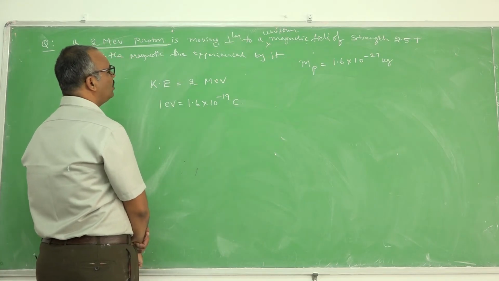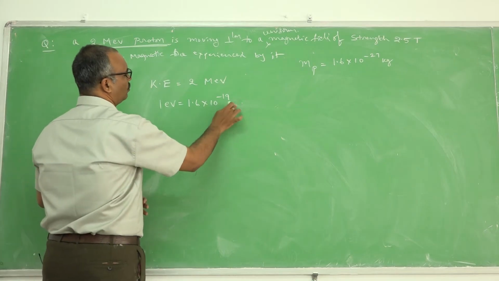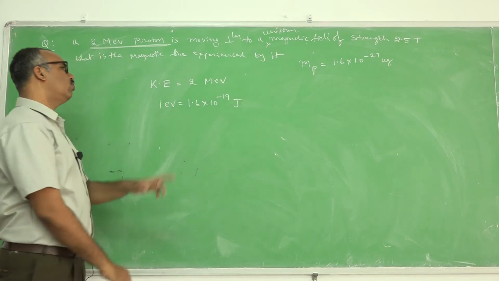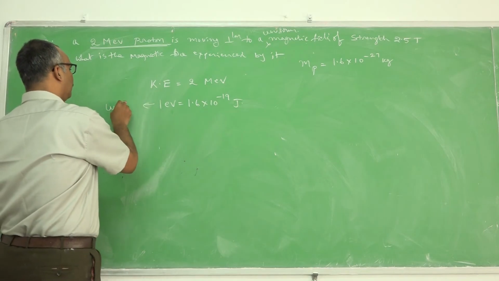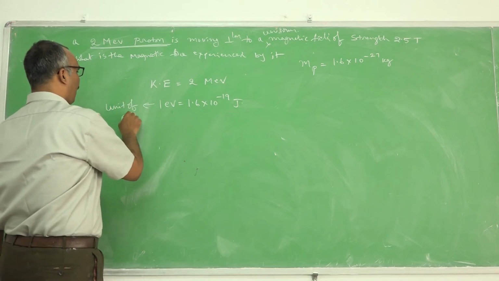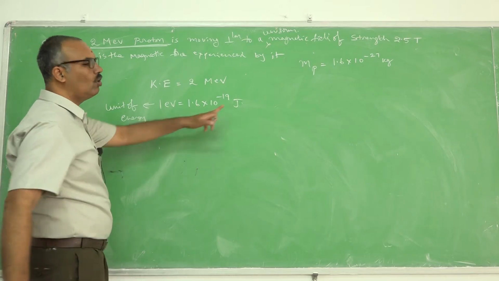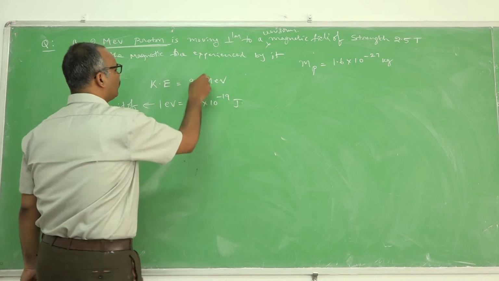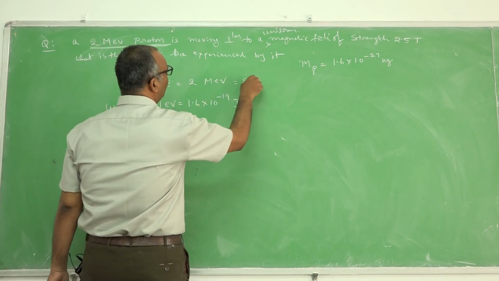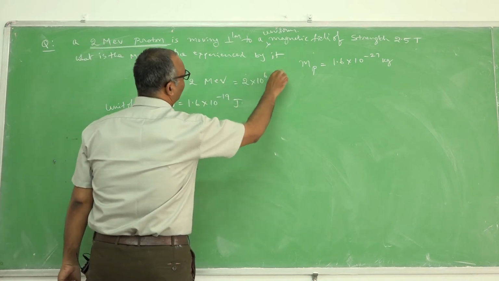Electron volt is a unit of energy. Energy is measured in joules, so they are related like this. M stands for mega, that is 2 into 10 power 6 electron volts.